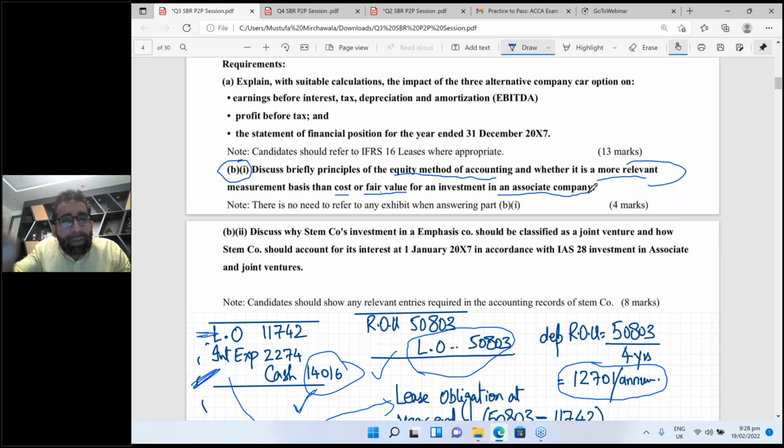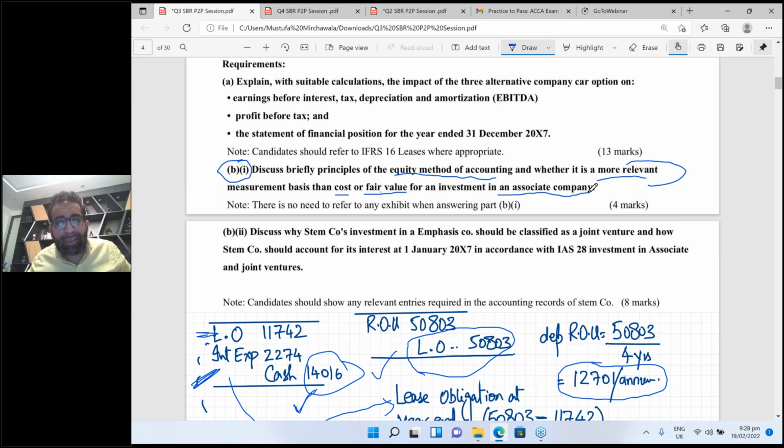Because in equity accounting, as the owner of that company, for example I have bought 30% shares in the associate, that means I am the 30% owner. So if the profits of the associate are going up or down, it should be reflected in my books. And yes, this reflection is done using equity accounting. So yes, it is better than cost.